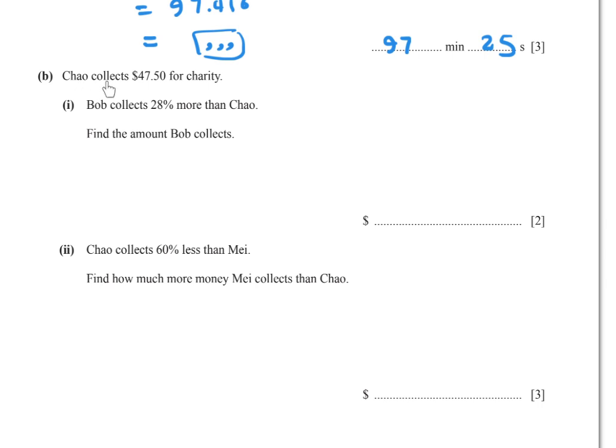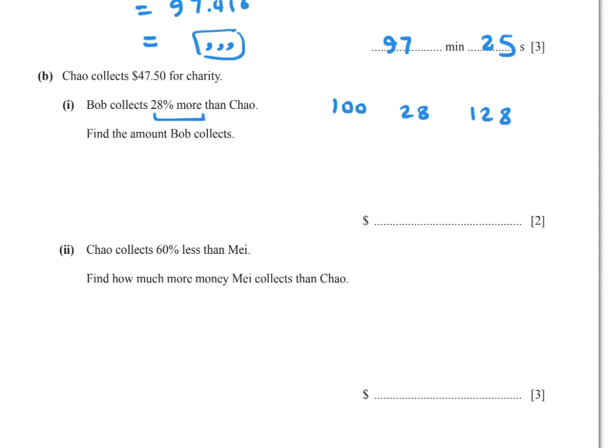B. Shaw collects $47.50 for charity. Bob collects 28% more than Shaw. Find the amount Bob collects. So 28% more, this means 100 plus 28, then 128.